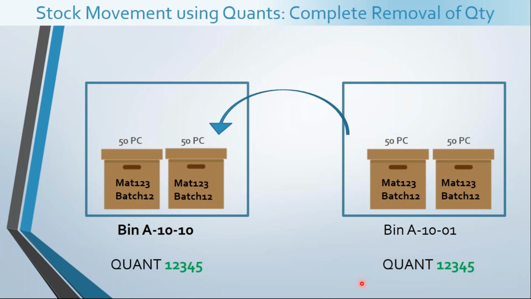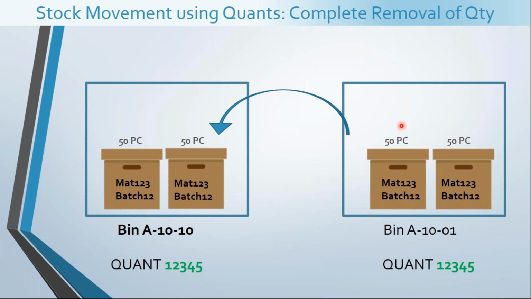Okay. Now, another few important points to learn. So let's say in bin A1001, we had two boxes, material 1, 2, 3, batch 1, 2, which means we had only one quant, 1, 2, 3, 4, 5, and this quant had 100 pieces.